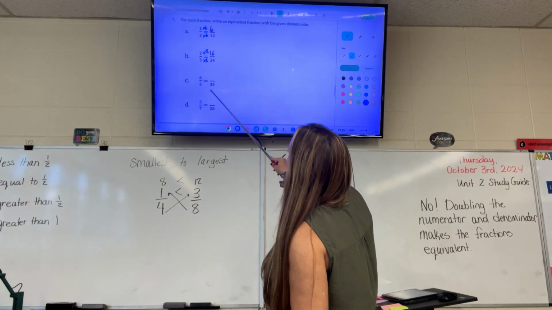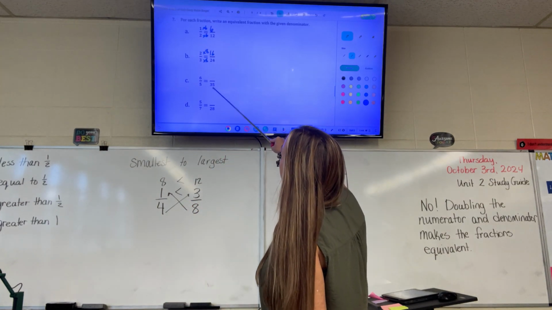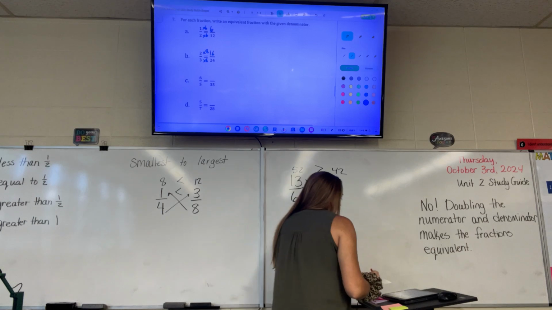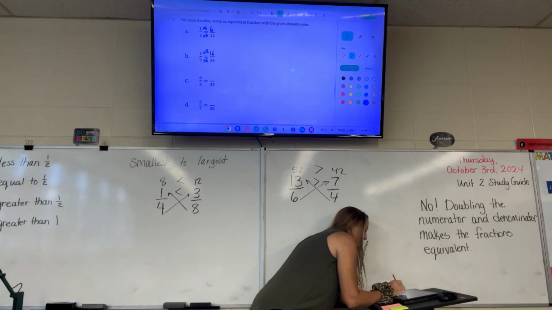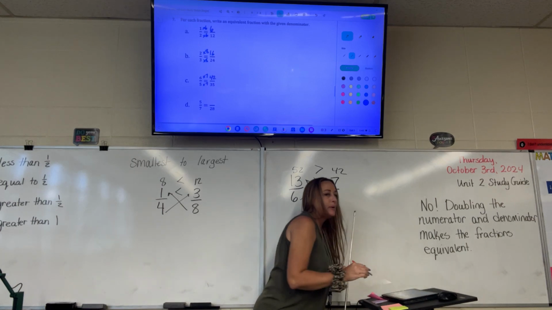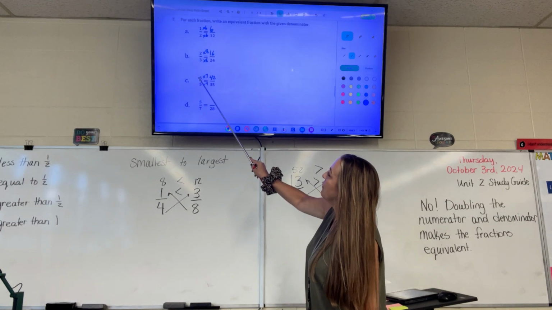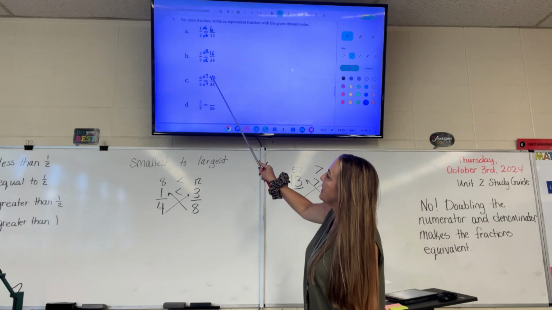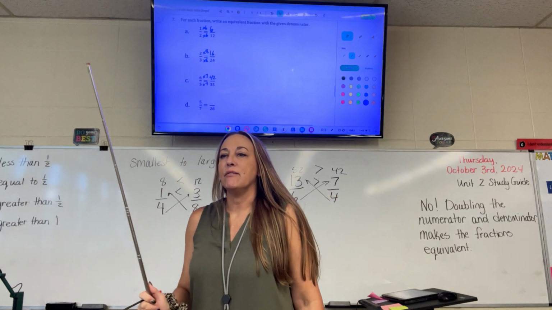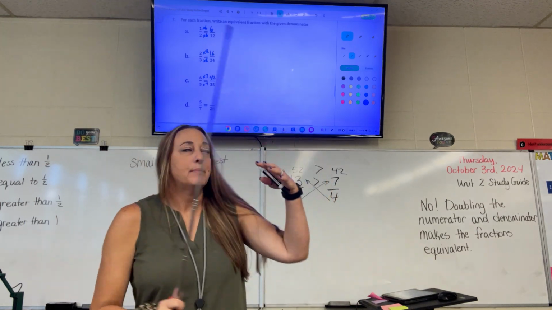Okay, what do you multiply 5 times to get 35? Shout it out. 7. And if you do it to the bottom, you do it to the top, and 6 times 7 equals 42. Notice on both of those, the bigger number is on top, so that means in an equivalent fraction, it will be bigger on top as well.